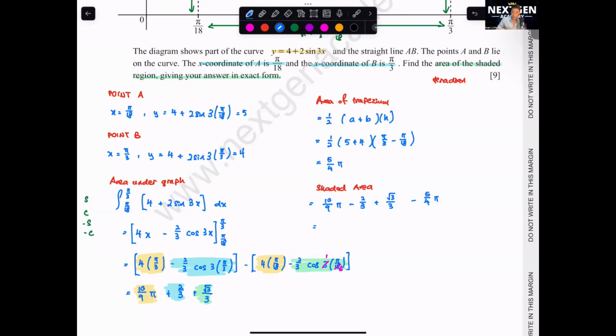This will be plus 2 over 3. Double check your values here. Plus 2 over 3, because it's negative. Here we will get our final answer: 2 over 3 plus root 3 over 3. Then the 2 pi terms join together, and we'll get negative 5 over 36 pi.